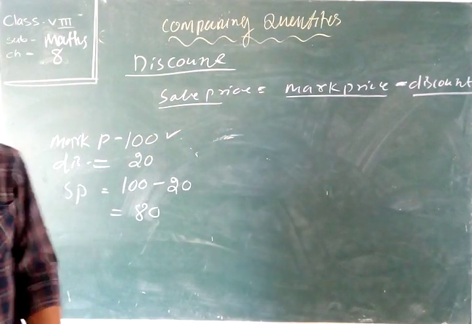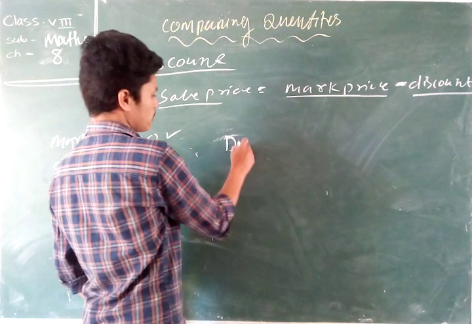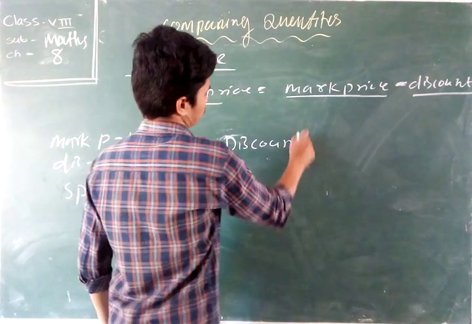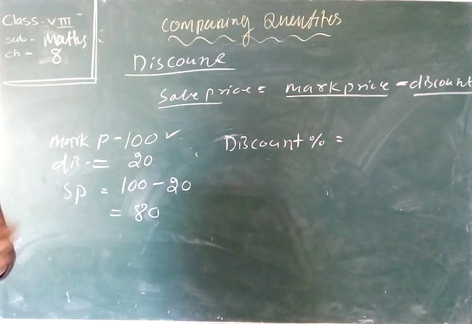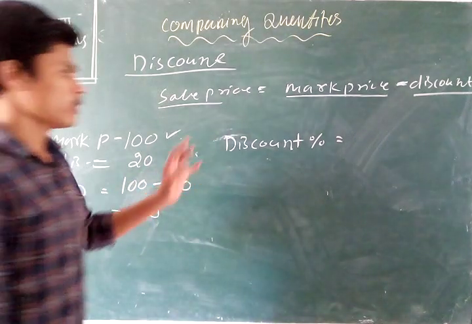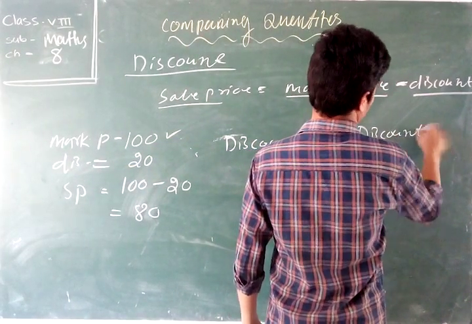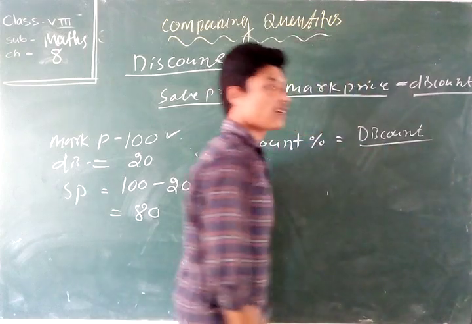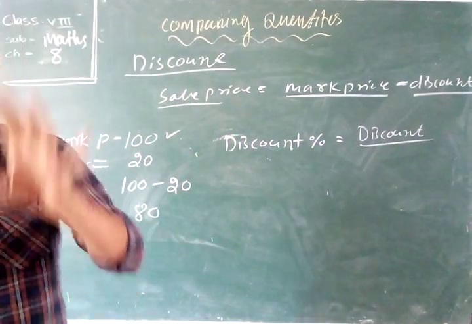If the discount is a percentage, then discount percent. Suppose the question says 10% discount, 20% discount, 50% discount, as you see everywhere. Then you write: discount equals discount percent by 100 into mark price. From which price do we get the discount, sale price or mark price?